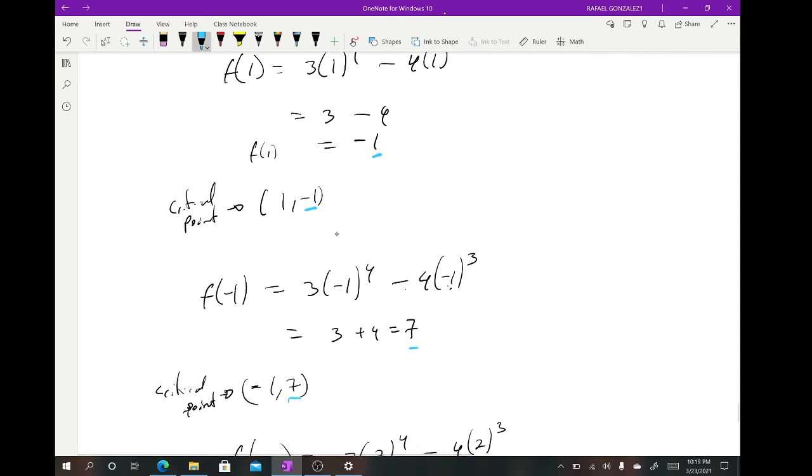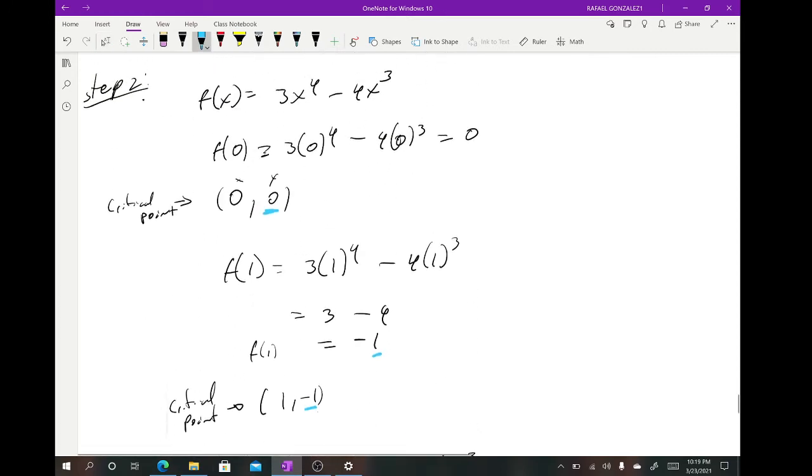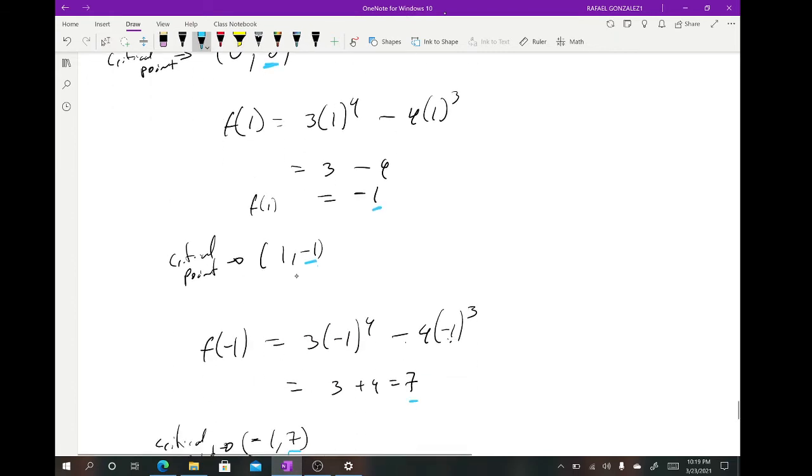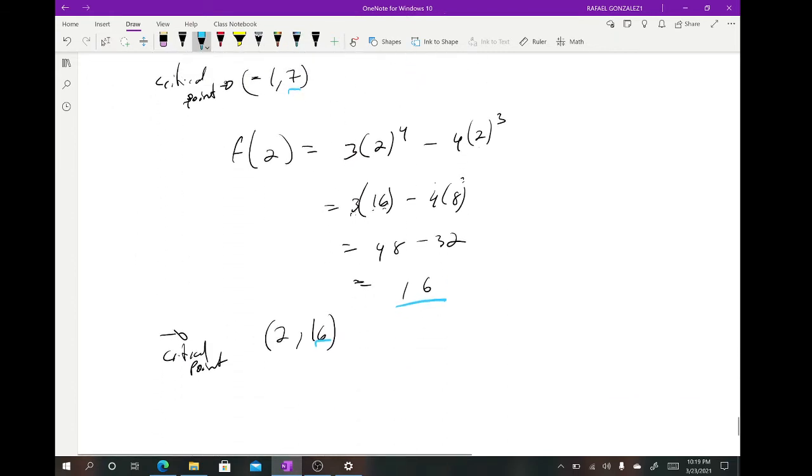In any case, the lowest value is -1 because -1 is less than 0. So the point -1, -1 is our minimum, and the highest value is 16.